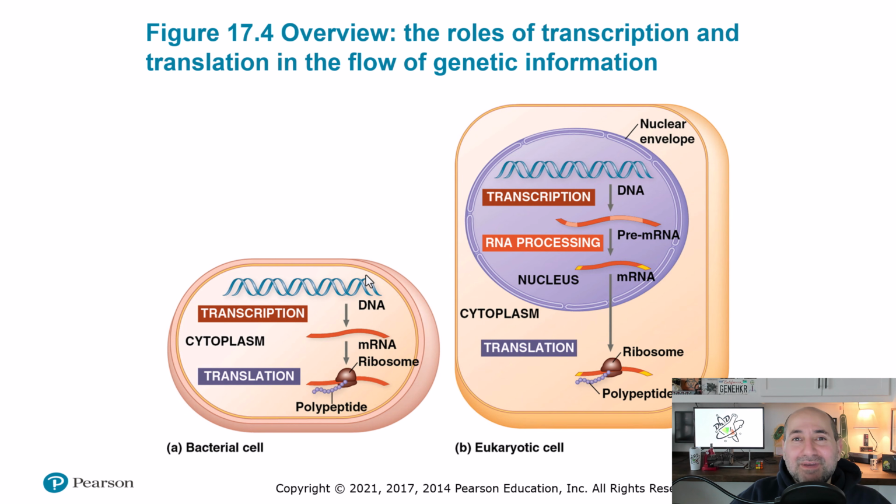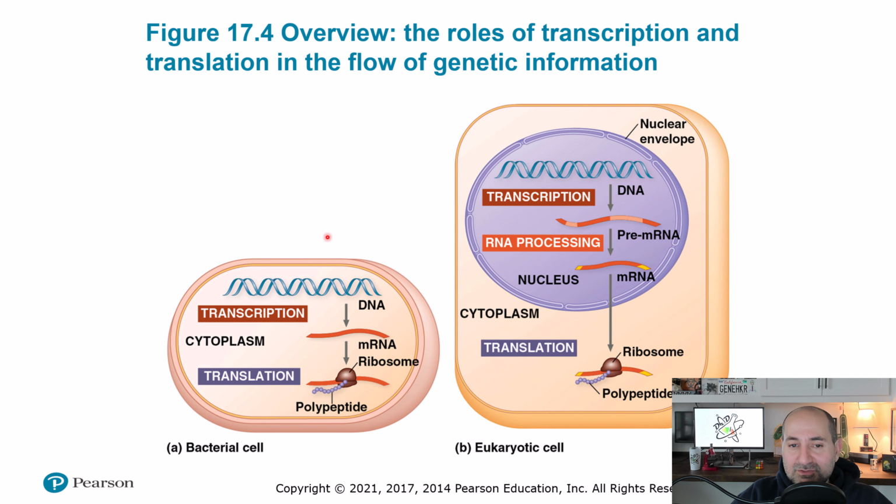All right, let's go back to our overview slide here and see what we've covered so far. Remember, gene expression is the process by which cells produce proteins from genetic information, the DNA. And this is a two-step process, starting with transcription, where the gene is copied to complementary mRNA.